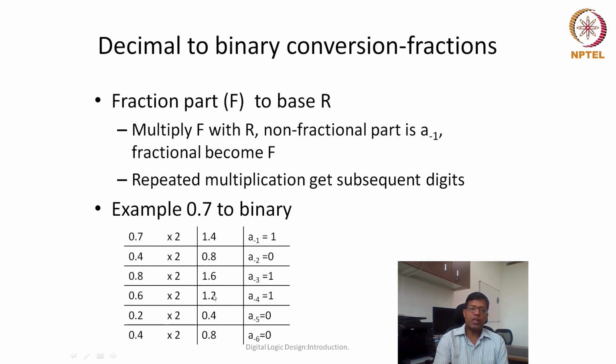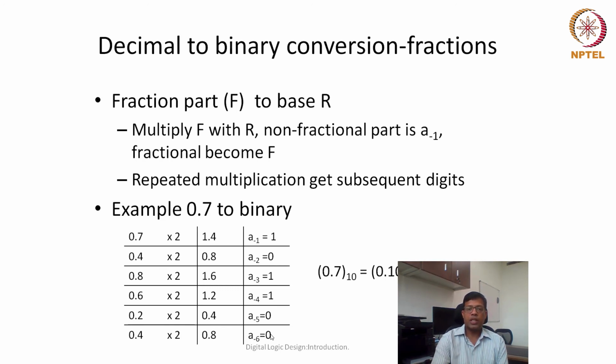And this 0.2 again multiplied by 2 becomes 0.4. Here the non-fractional part is 0 and the fractional part is 0.4. So 0.4 we take to the next row, and multiplying again we get 0.8. So this particular part will now represent the binary number.